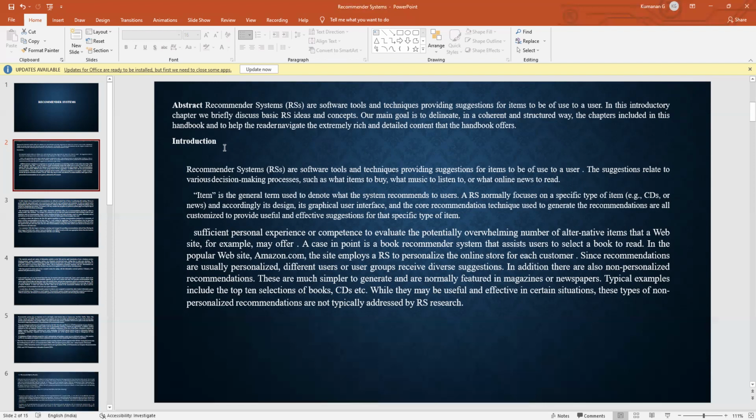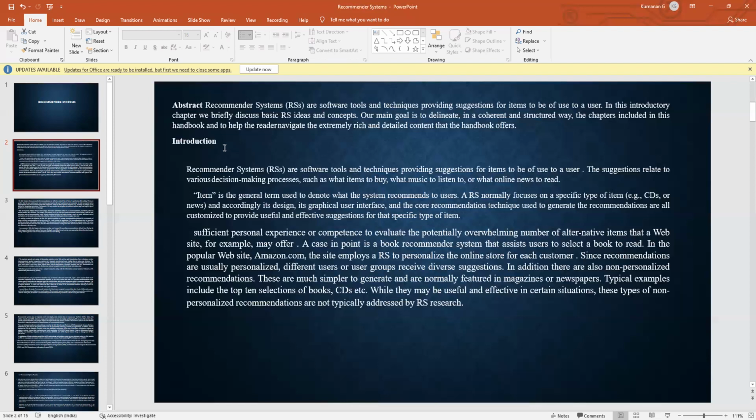A recommender system normally focuses on a specific type of items, for example CDs or news, and accordingly its design, its graphical user interface, and the core recommendation technique used to generate the recommendations are all customized to provide useful and effective suggestions for that specific type of item.